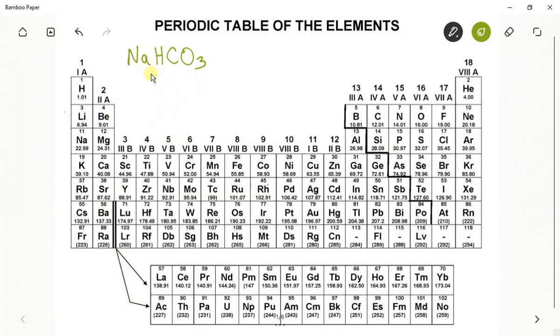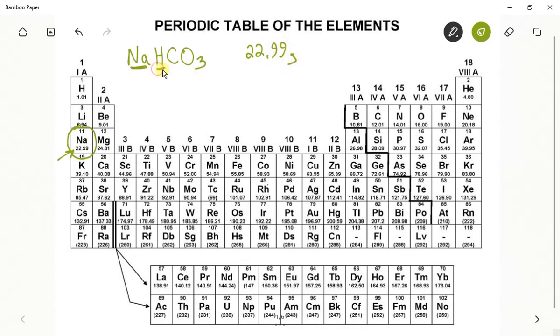Okay, so here's our baking soda, NaHCO3, and we have 1 mole of Na, which is sodium. So sodium is down here. Its atomic weight is 22.99. So we only need 1 mole of that.